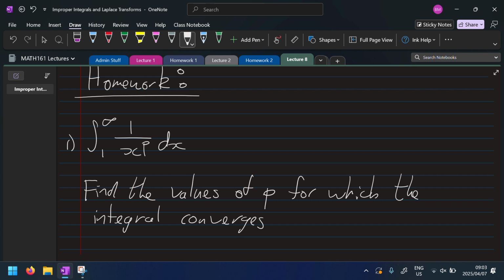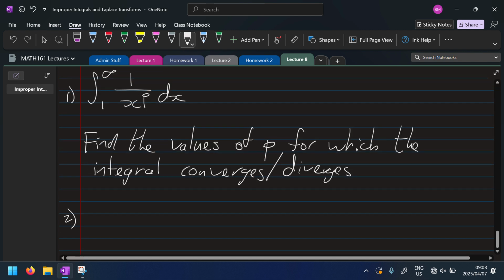Converges means you just get some finite value like 1 or 2, or it diverges. If it diverges, it means when you take the limit, you get plus or minus infinity. There are some values of p where you get a finite value, and other values of p where it becomes infinite. What are these values?